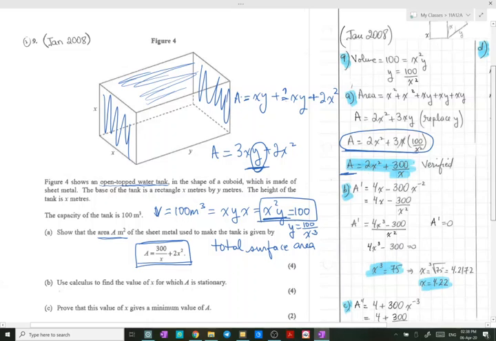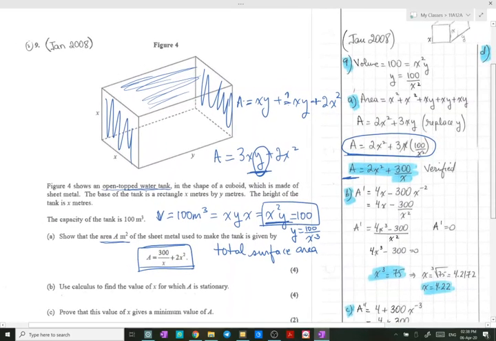So A, we have here an x in the denominator, we need to write x in the numerator with an exponent. So A is written as 300 x to the minus 1 plus 2x squared, and then we differentiate it. So this is minus 300 x to the minus 2 plus 4x to the 1.